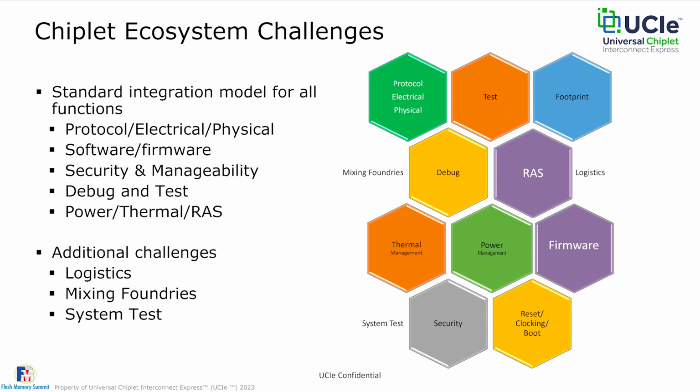So the first is protocol, electrical, physical. Every consortium is going to define that well. I mean, that's bread and butter. You have to define it first. And UCIe has done an extremely fine job in defining that, and that's critical for anything, right? However, the rest of the chip functions also has to be done, because in order to create an ecosystem, if you don't do that, it's going to delay the deployment.